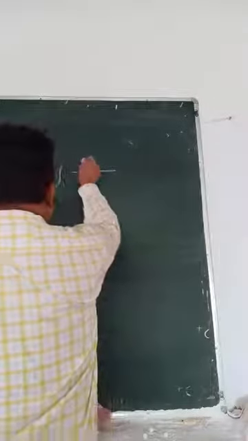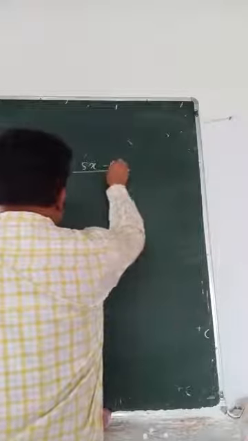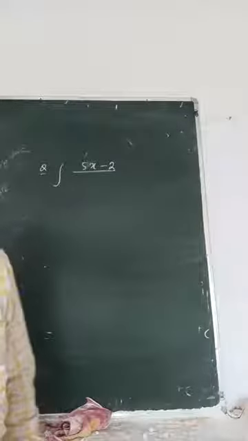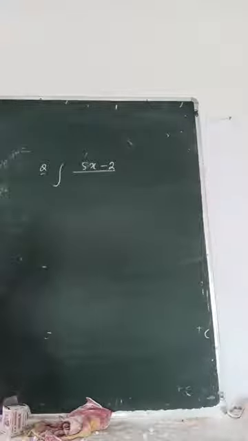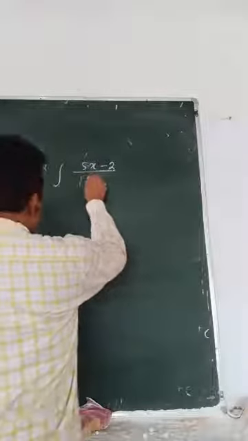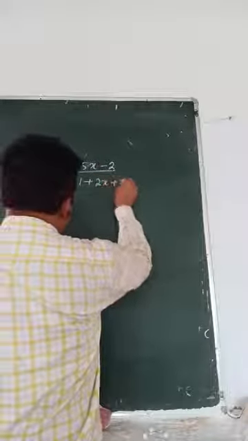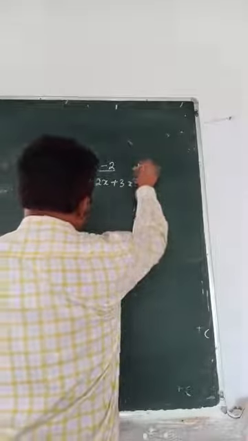This is 5x minus 2 by 1 plus 2x plus 3x square. 1 plus 2x plus 3x square. Okay.